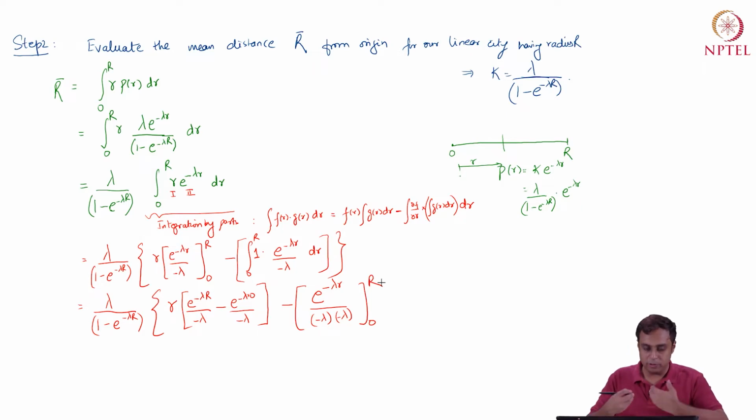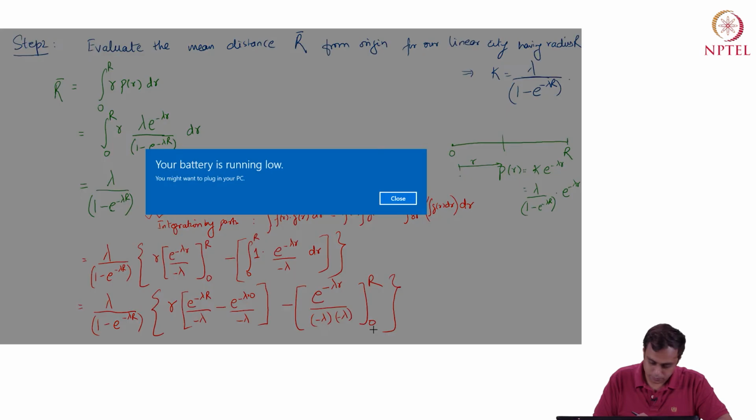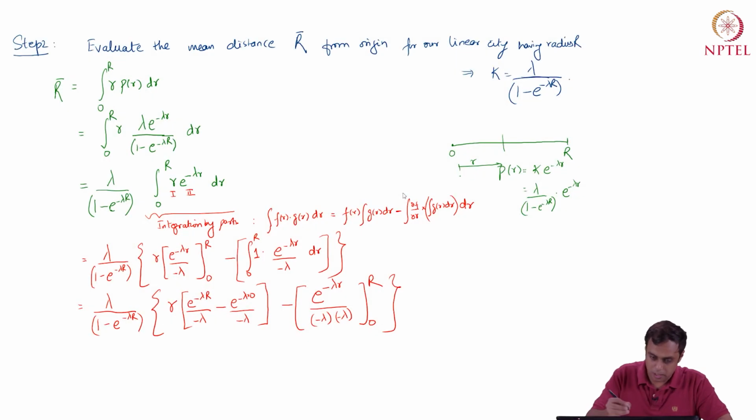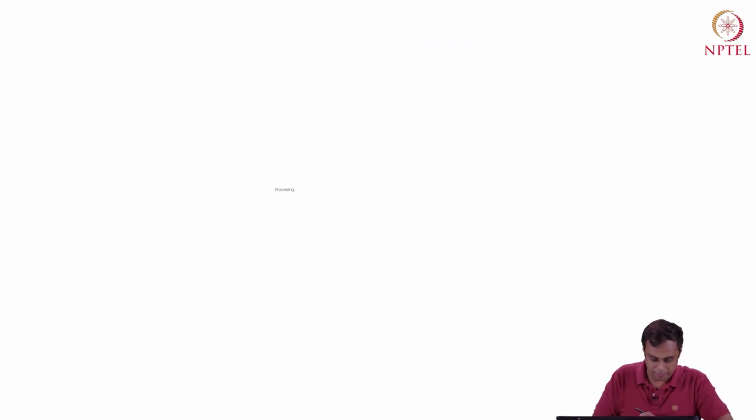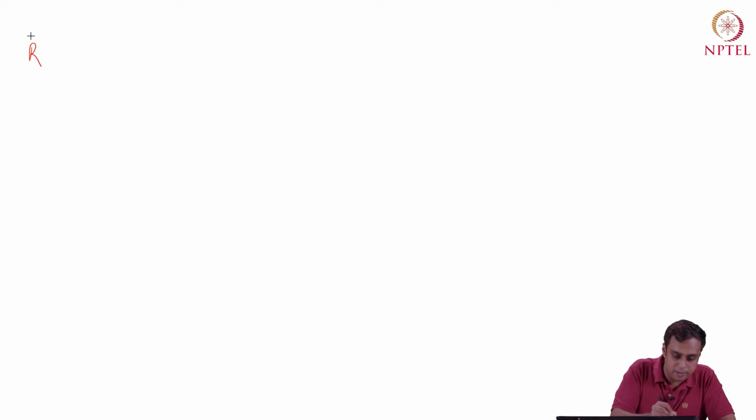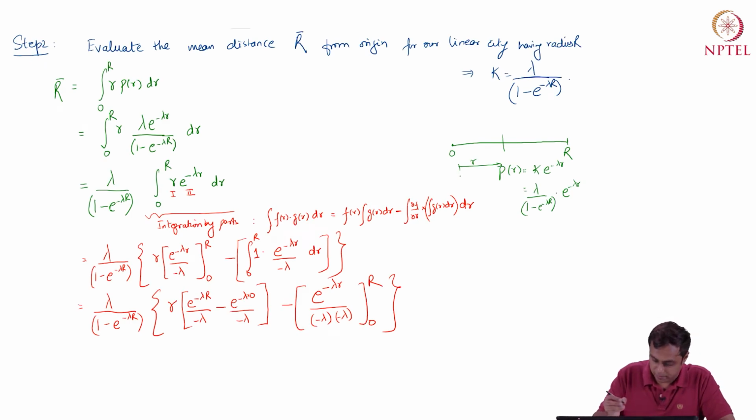Okay, so I'm going to take it to the next page as is. I'm going to try my best. So we have R bar equals, okay, I'm going to go to the previous page a little bit and follow through.